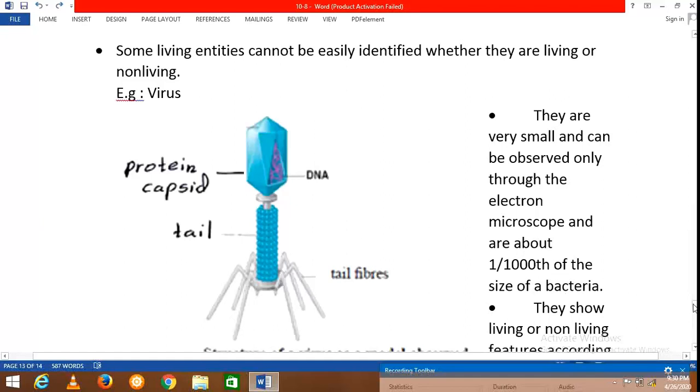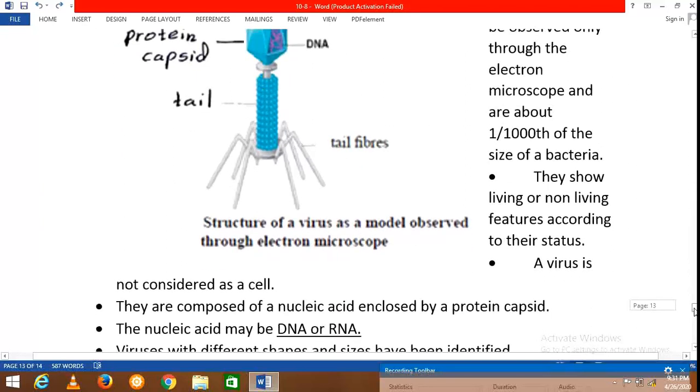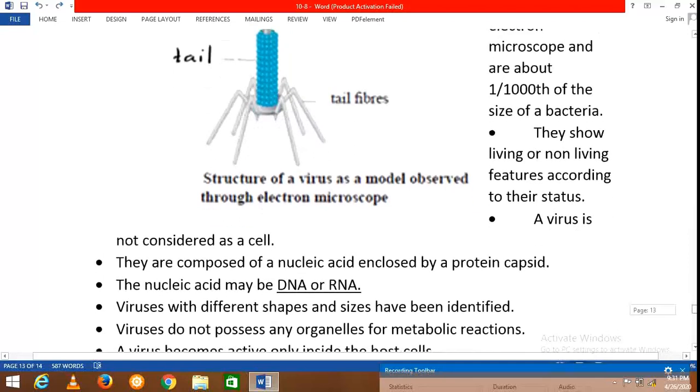That means a virus is very small; a bacterium is 1,000 times larger than a virus. Viruses are that small. So they show living or non-living features according to their status. Therefore, we don't call them living organisms, and we can't say that they are non-living as well.